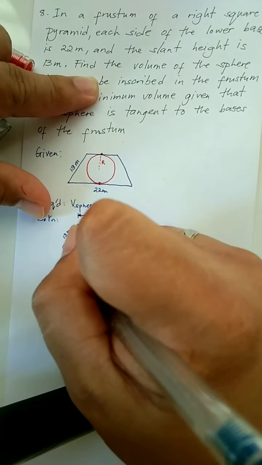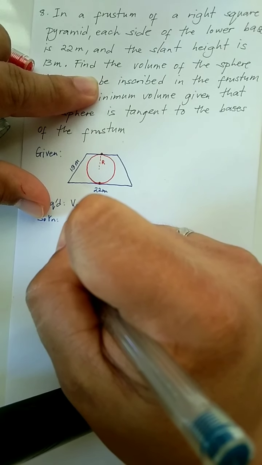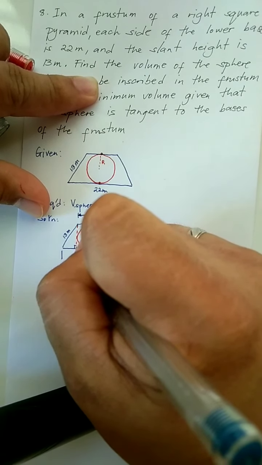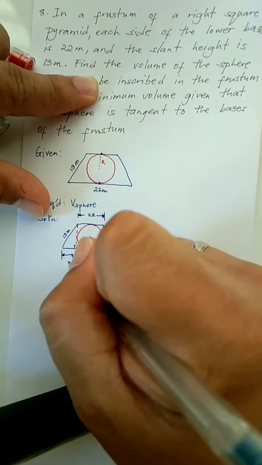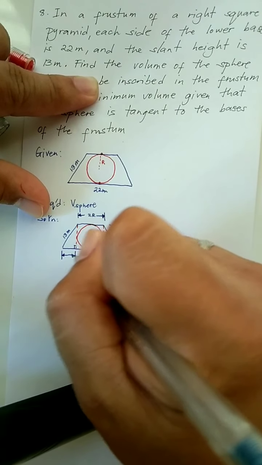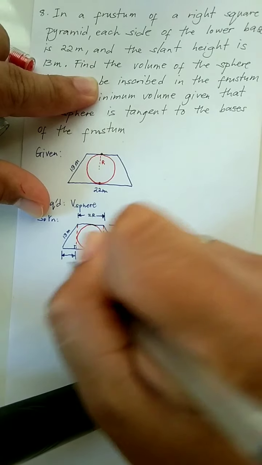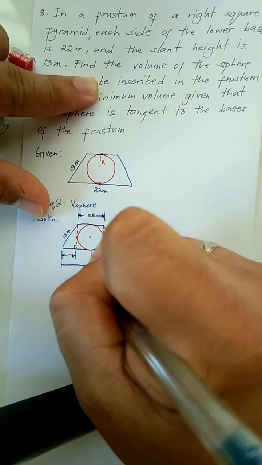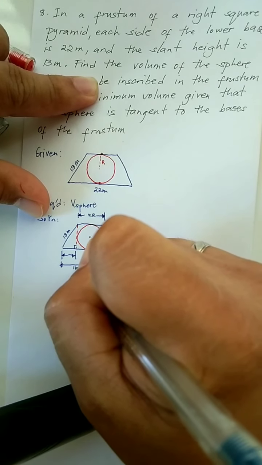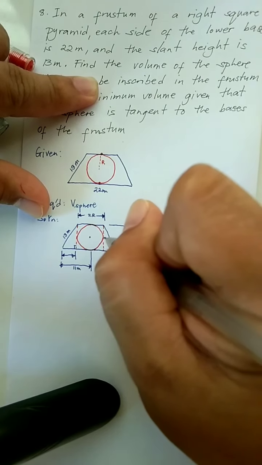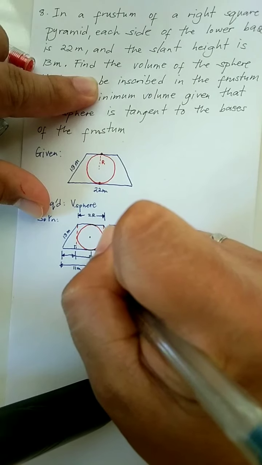So that means that this length here is equivalent to, if this one is half of 22, so this one is 11 meters. This one, of course, is r.